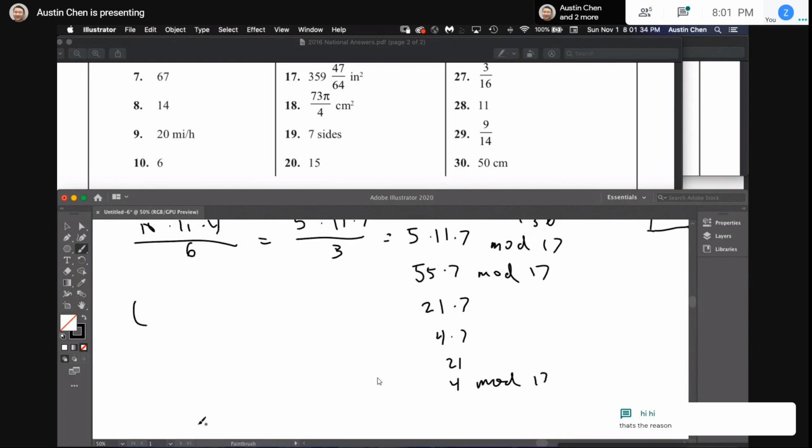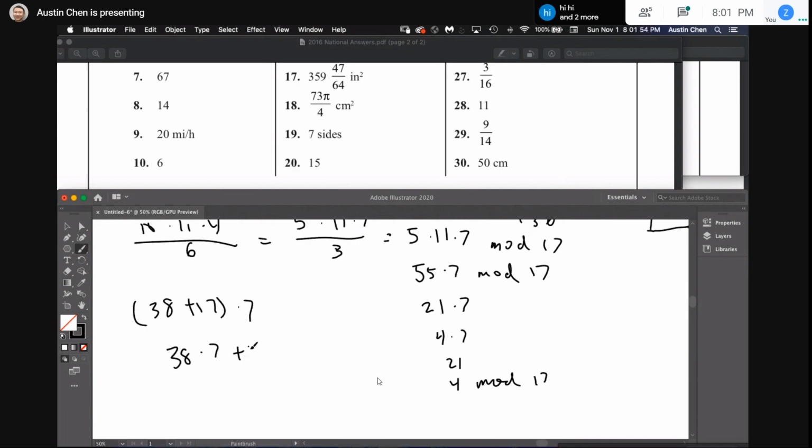Oh, is what I was thinking, you could put 55 as 38 plus 17 times 7, and then you put that out, right? But the 17 times 7 is just going to be 0 mod 17.